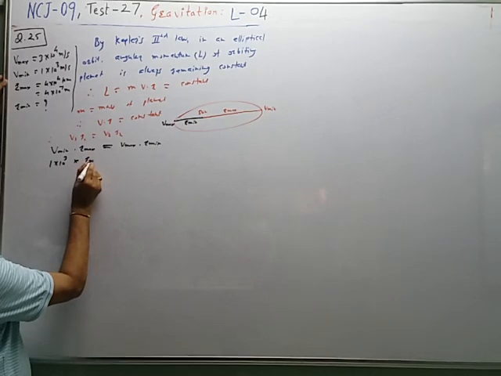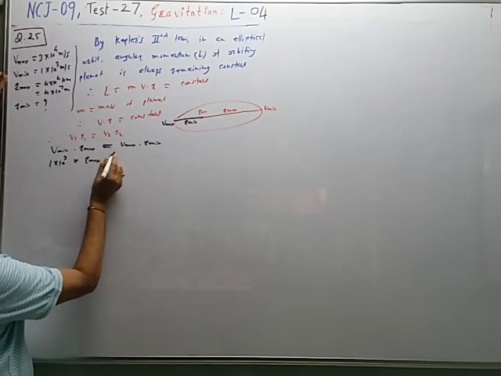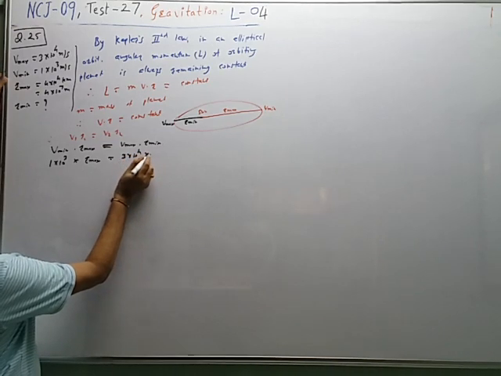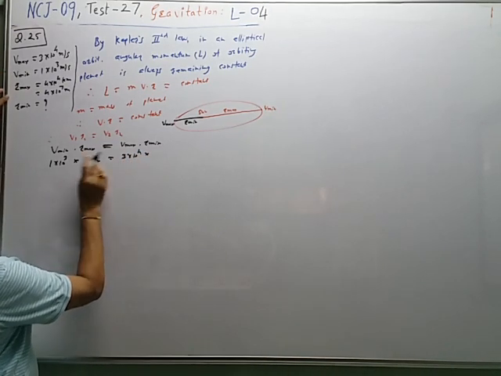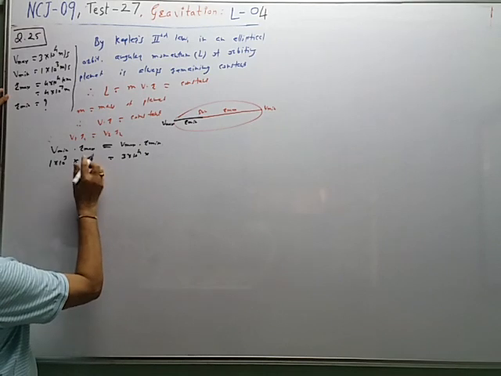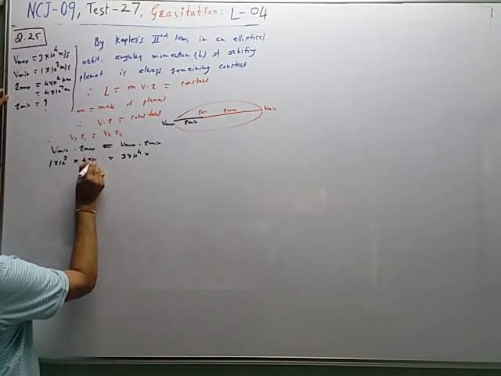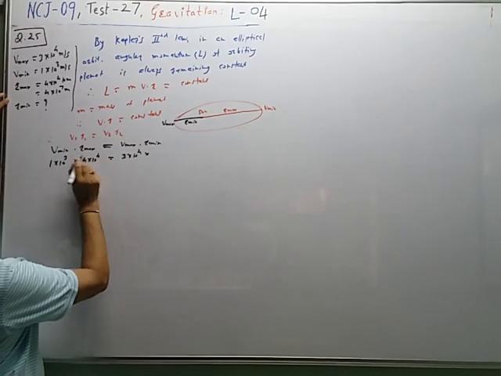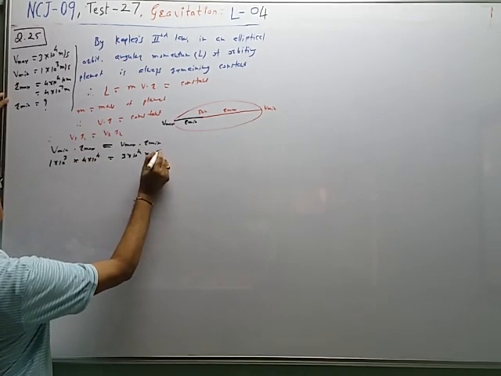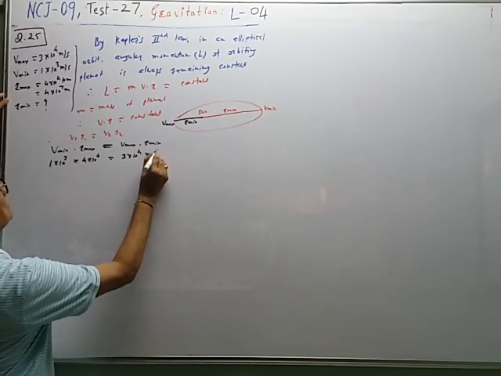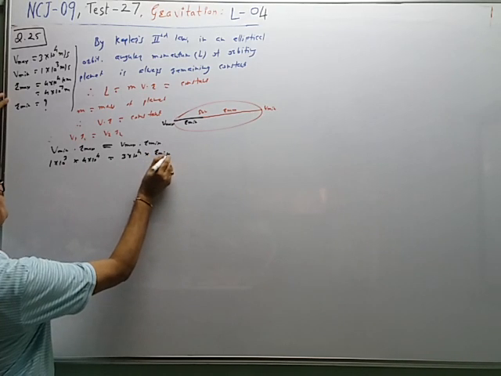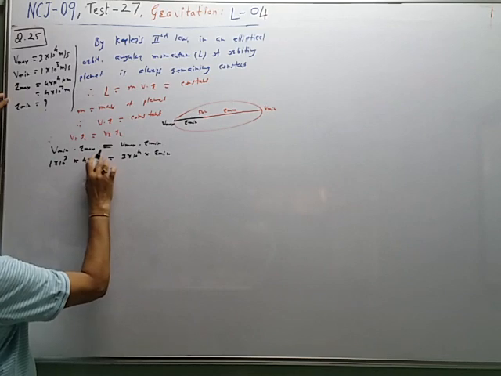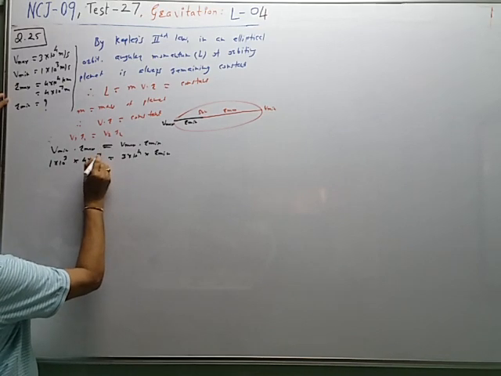Maximum distance that we have to calculate. Maximum velocity is equal to 3 into 10 raised to 4 multiplied by R minimum. Rmax is given. Rmax is equal to 4 into 10 raised to 7 and R minimum is equal to question mark. So this is in meter.